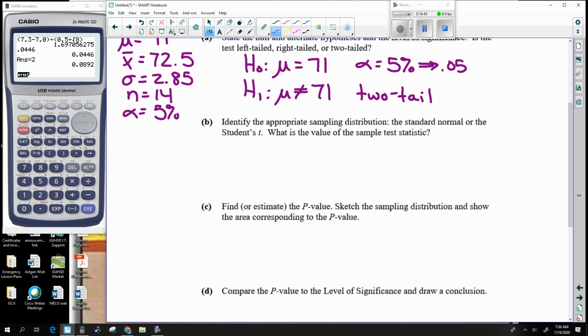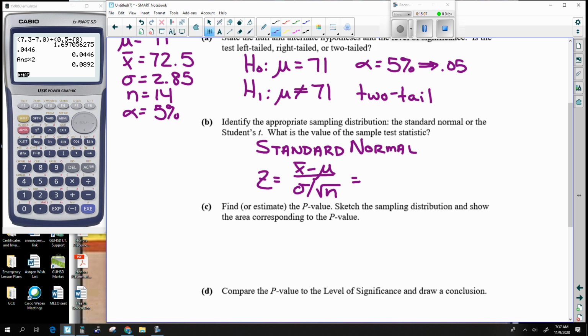Because this has a sigma, that means that we're going to be working towards a z. So that's going to be a standard normal. The z in this situation is x bar minus mu, over sigma divided by the root of n.